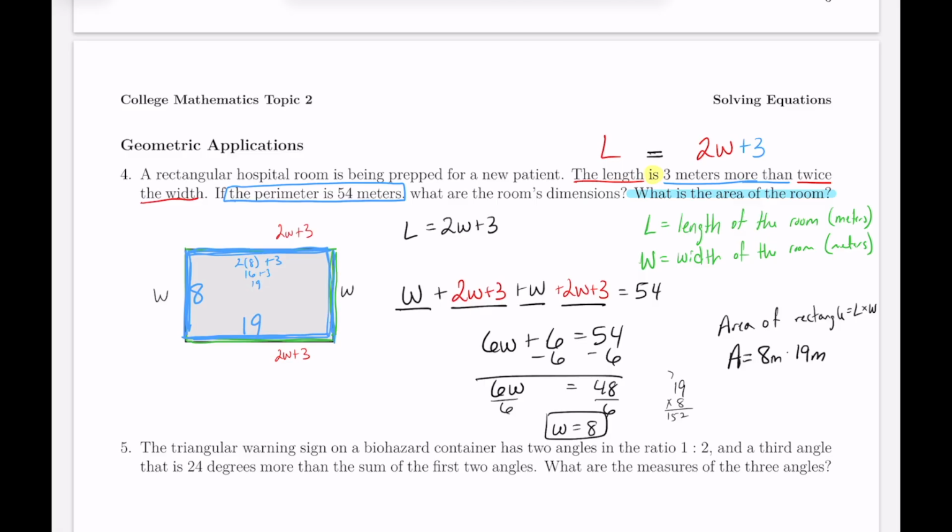You could also take 20 times 8 and then take off one of the 8s: 20 times 8 is 160, and 1 less 8 is 152. One other thing of note is that I'm multiplying 8 meters times 19 meters, and that will get me 152 meters squared. What is the area of the room? 152 meters squared. I have answered the question. So that's my answer.